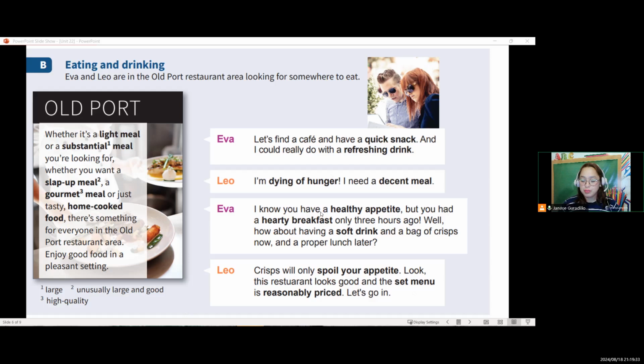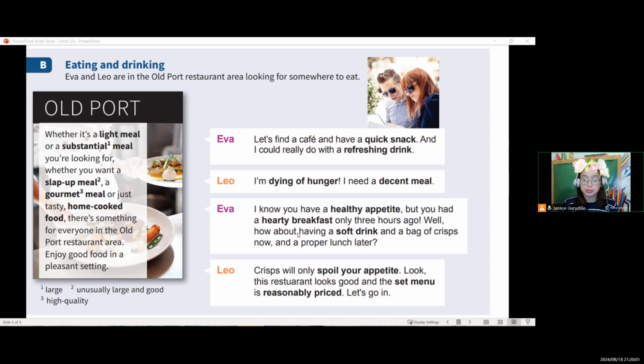Eva, let's find a cafe and have a quick snack. And I could really do with a refreshing drink. I'm dying of hunger. I need a decent meal. I know you have a healthy appetite, but you had a hearty breakfast only 3 hours ago.